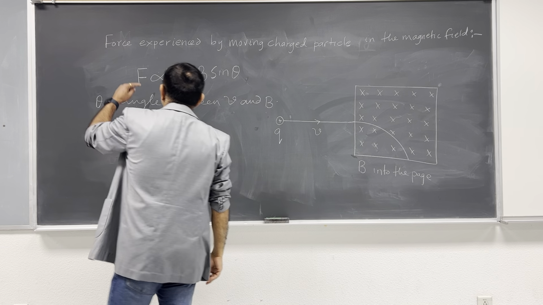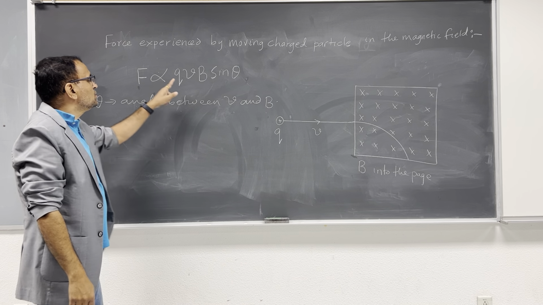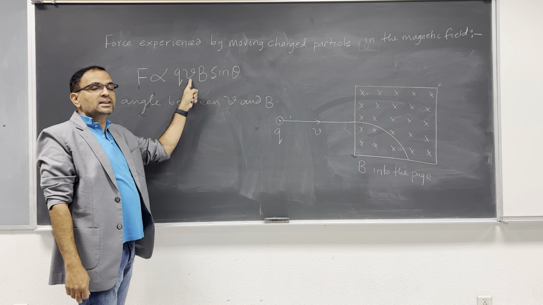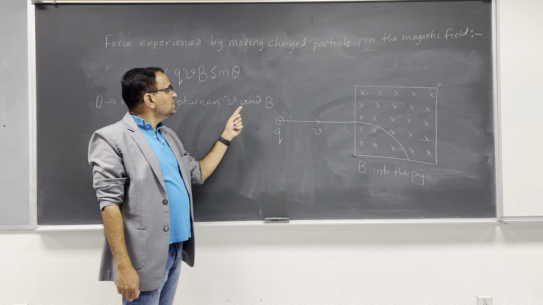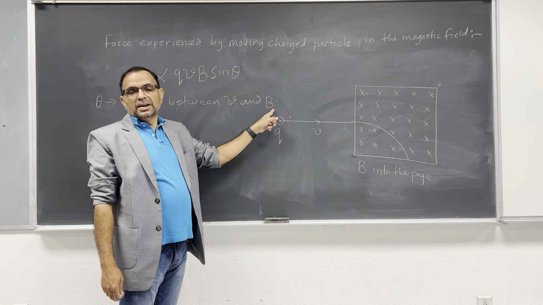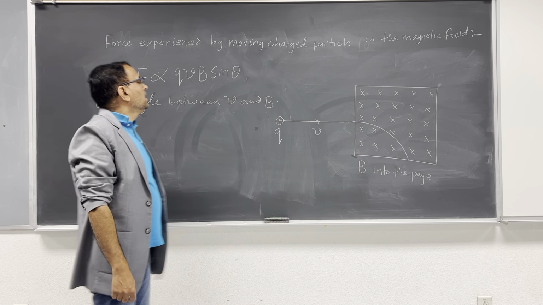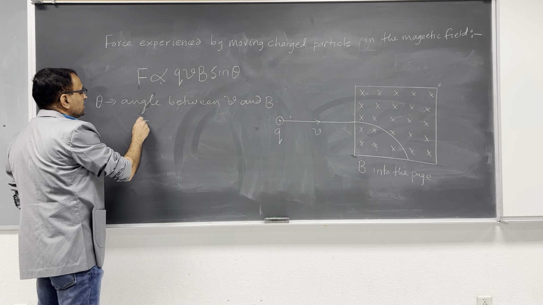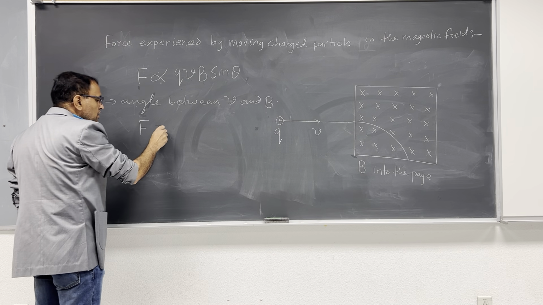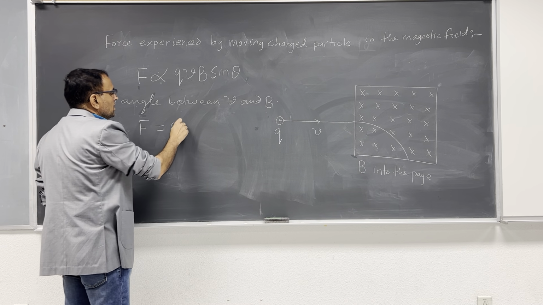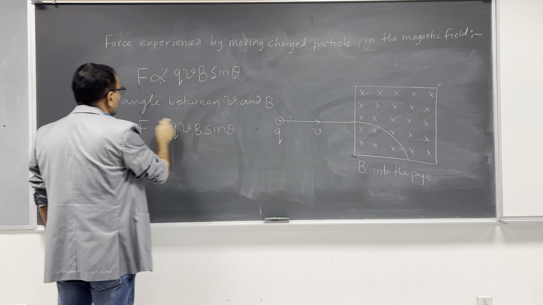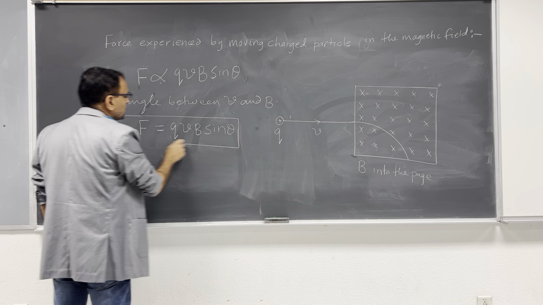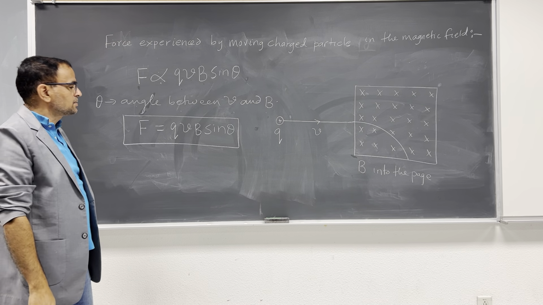Don't confuse: F is the force, Q is the magnitude of the charge, V is the speed, B is the magnetic field, and theta is the angle between the speed and the magnetic field. If you want to remove the proportionality sign, you can simply write an equal sign and write QVB sine theta. This is the formula to calculate the force exerted by the magnetic field on the charged particle.